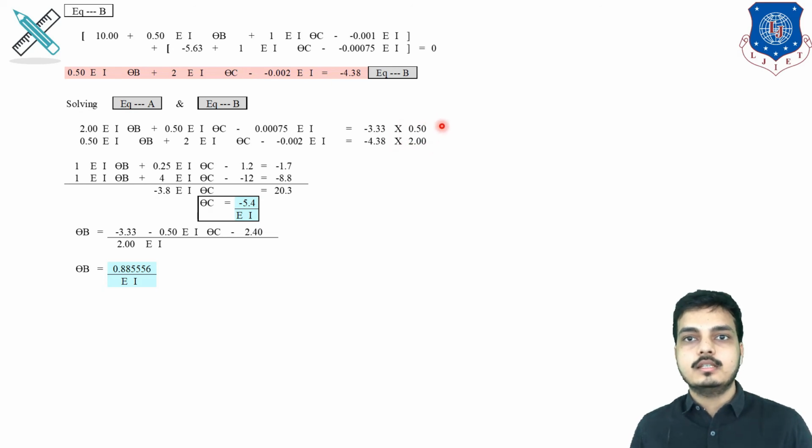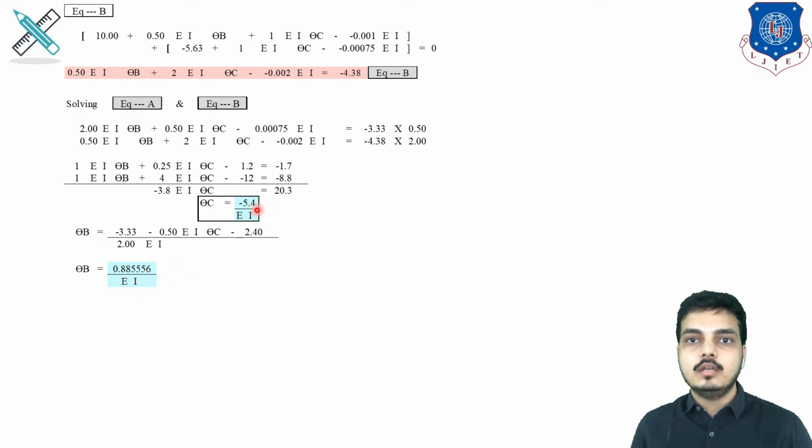After multiplication of this 2 with these equations, I will be getting 2 more equations. After solving with the elimination method, which we did in maths, a simple calculation, we will be finding the value of theta C. Now, place this theta C in any one of equation A or equation B to get theta B. Here I have placed it in equation A. So I will be getting the value of theta B as well.